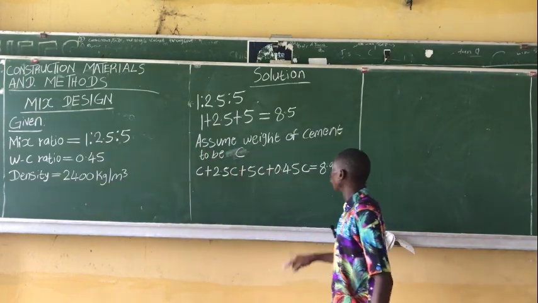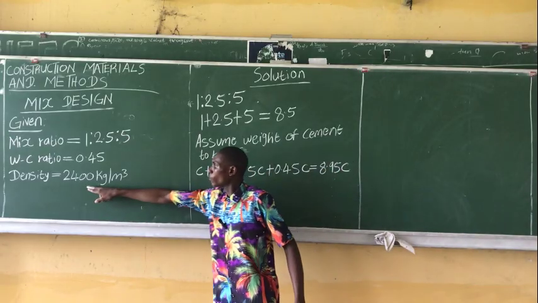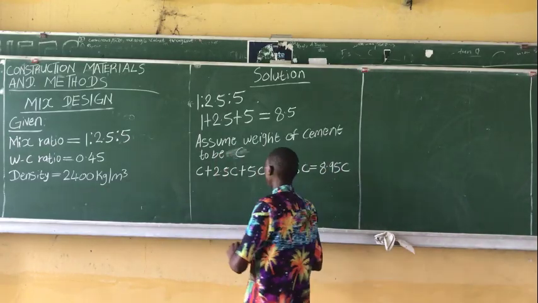So we equate 8.95C to 2,400 kilogram per meter cube.